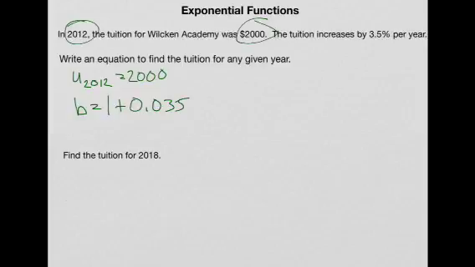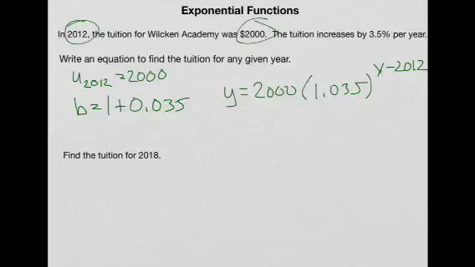Since I don't have the 0 term, I have to use the point ratio form. So y is going to equal 2,000 times 1.035 raised to the x minus 2012.